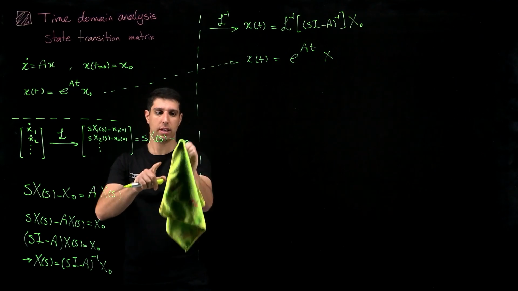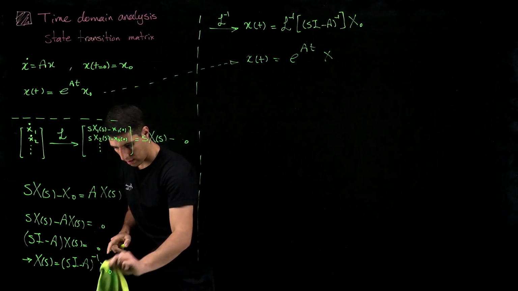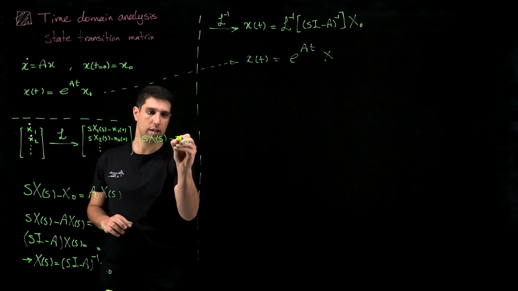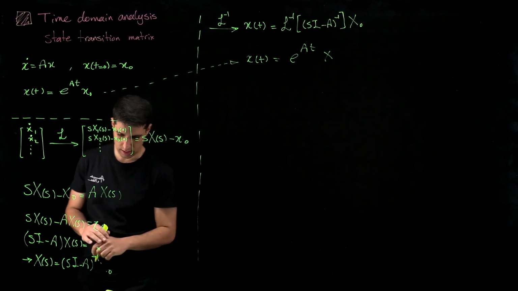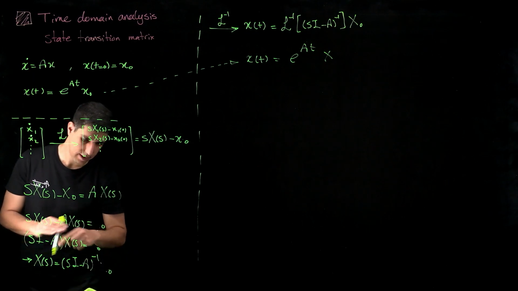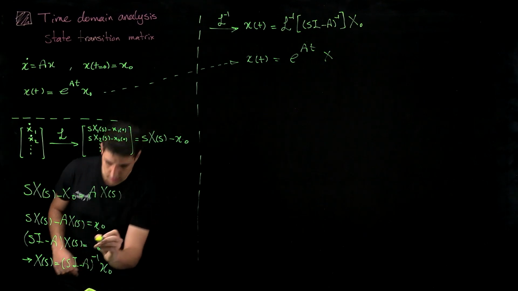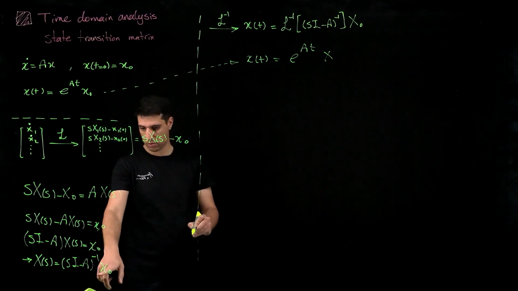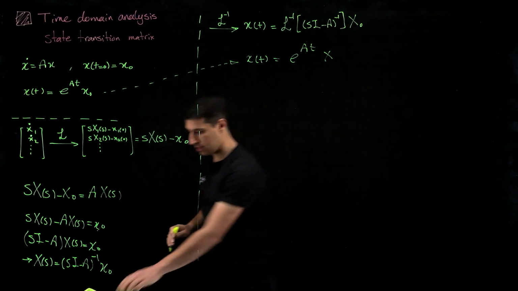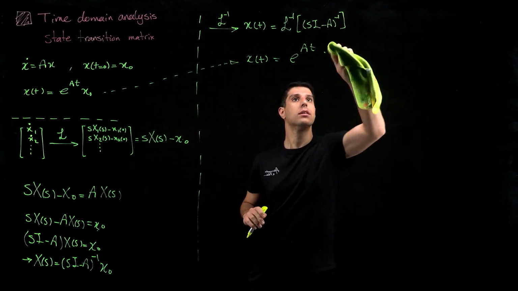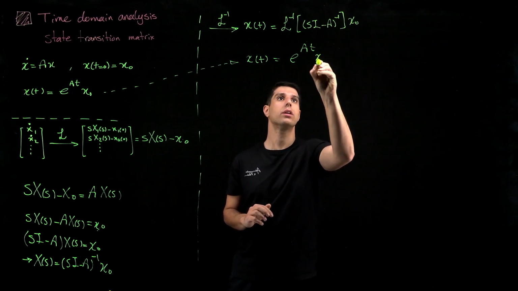Let me make this little x because it's not in Laplace domain. So let's call it little x naught. That's the ugliest x. Little x naught, little x naught, little x naught. Am I missing anything? No. Little x naught. This one also little x naught to have good notation.